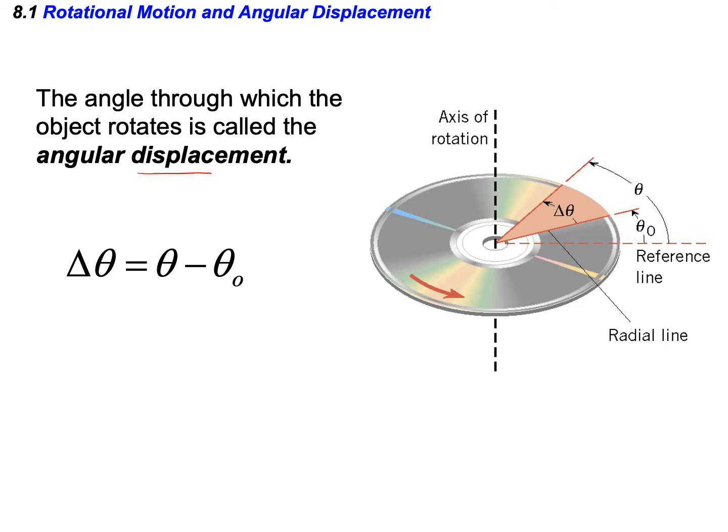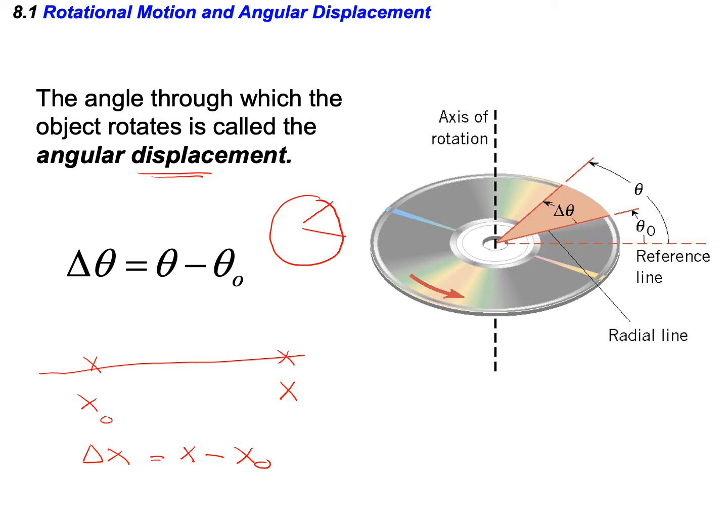So we talk about displacement. If you talk about a linear motion, displacement between 2 points is x final position minus initial position. So for displacement, we use delta x, the change of position, which is equal to final position minus initial position. In rotational motion, similarly, we have an initial position and final position, theta and theta naught.